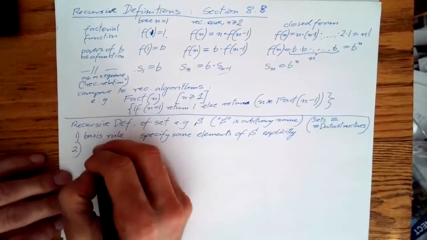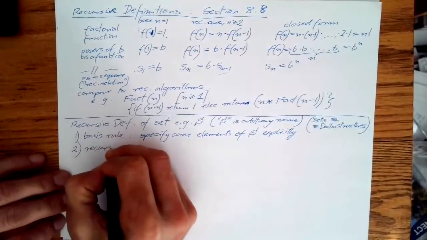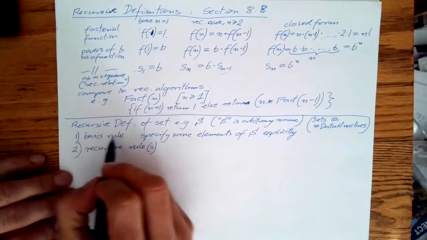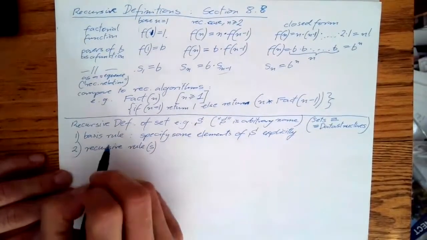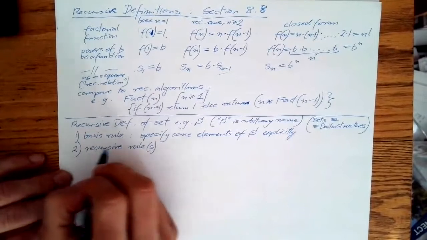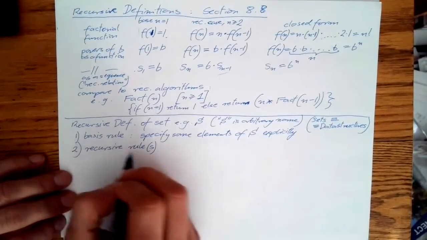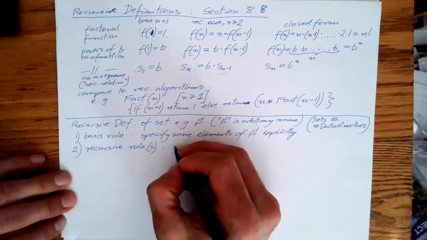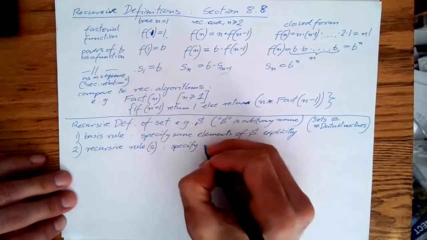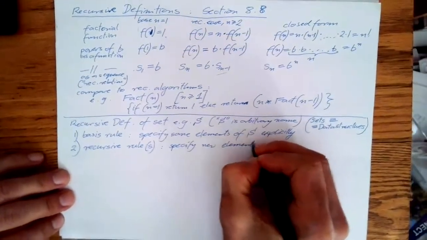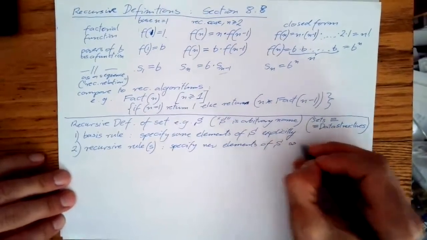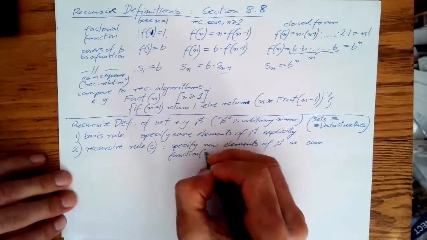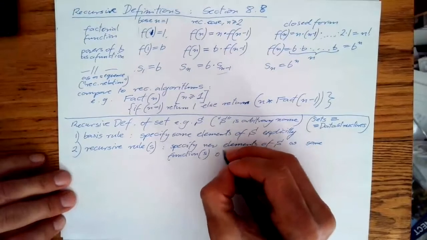And the second is that we will have a recursive rule or many rules. Just like there can be several elements created in the set by the basis rule, there will be possibly several elements that are created by the recursive rules. And what these recursive rules have to do is specify new elements of S as some function, or functions in case there's many rules, of existing elements.